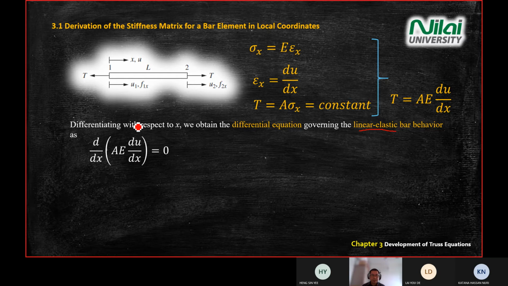Again, the concept is that mathematically we write the way you pull the force at a constant rate. So d over dx means the change of this component, which is force, your T. The change of force in x direction equals 0. So it means you have a steady state here. You're pulling the force at a constant rate.